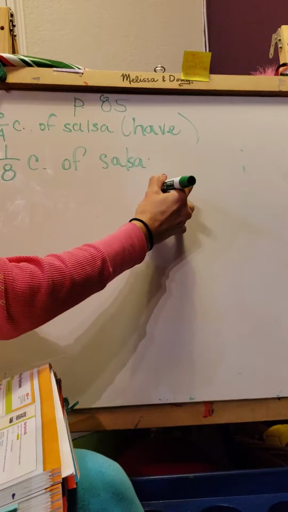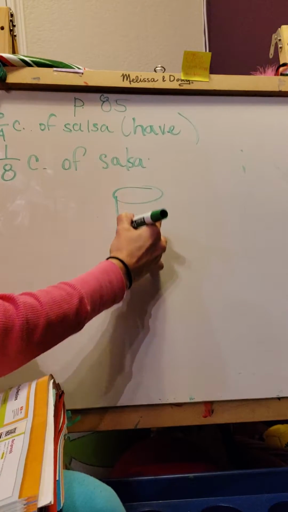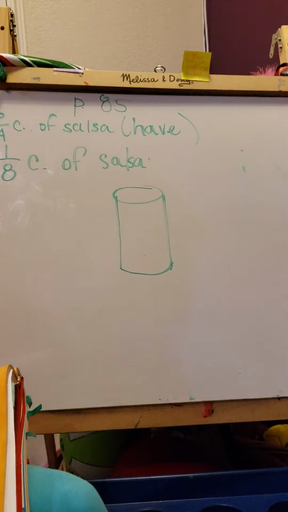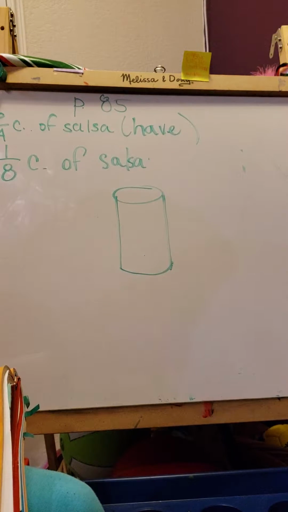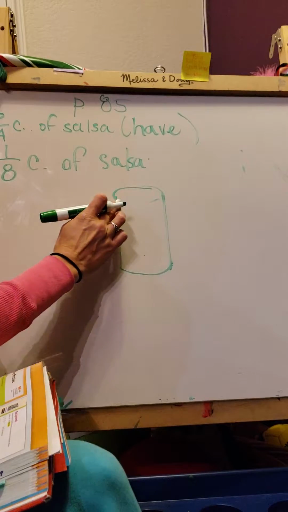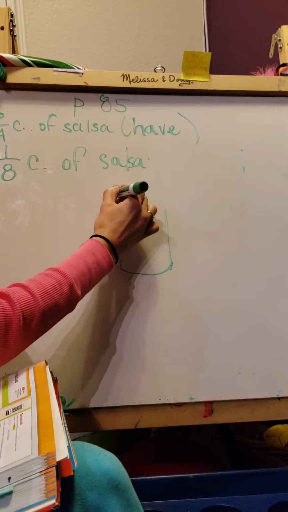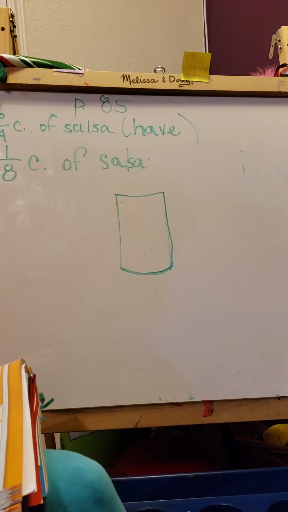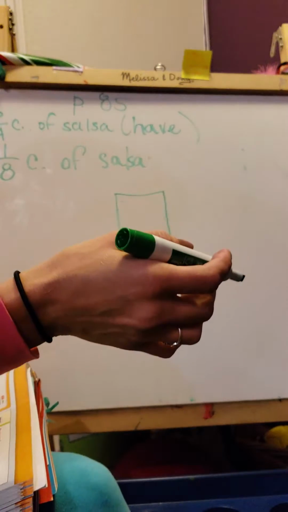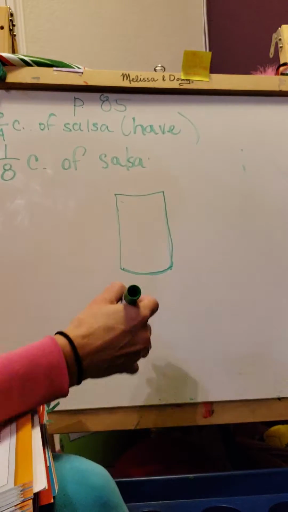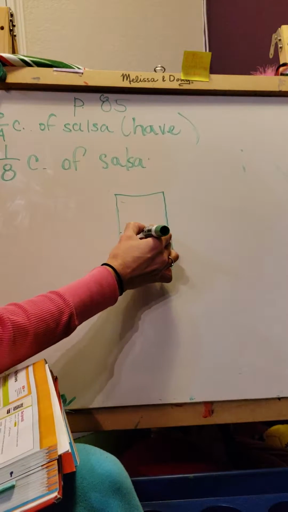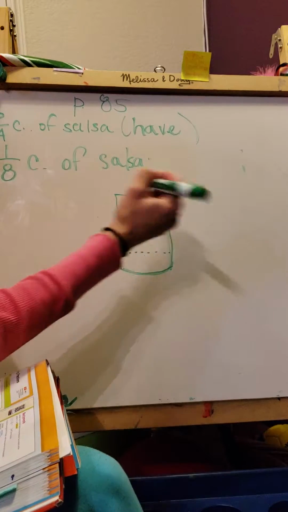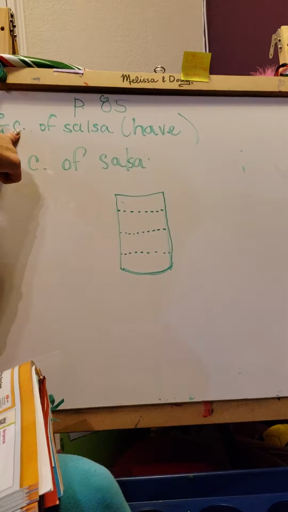So I'm going to draw my jar, just my nice jar of salsa, that's really, really spicy. And for the sake of making equivalent marks here, I'm just going to draw a rectangle. We're going to divide that into fourths because we have 3/4 cup of salsa left.